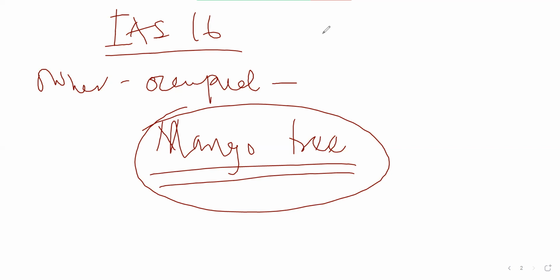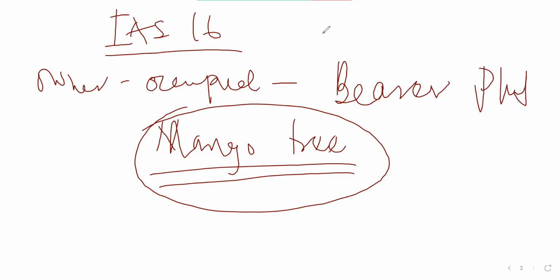IAS 16 talks about assets which are owner occupied or which will be used for administrative purposes, and also bearer plants. One of the bearer plants is the mango tree. You can also have an orange tree.